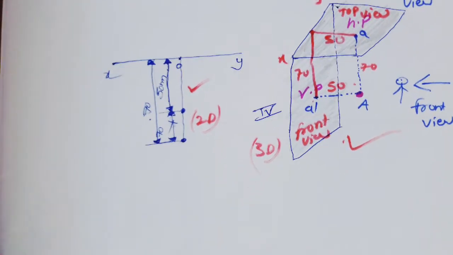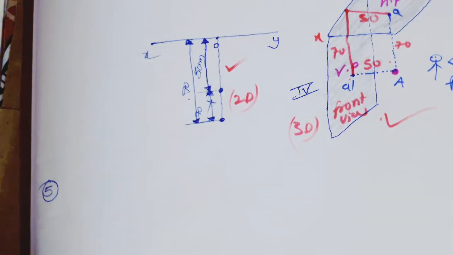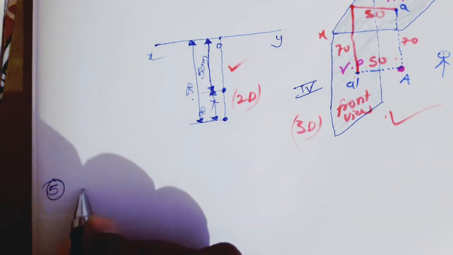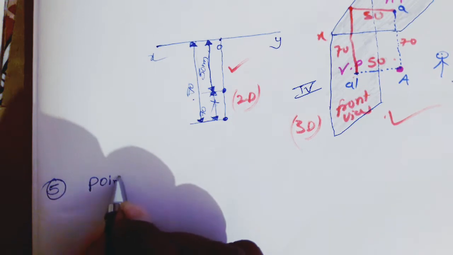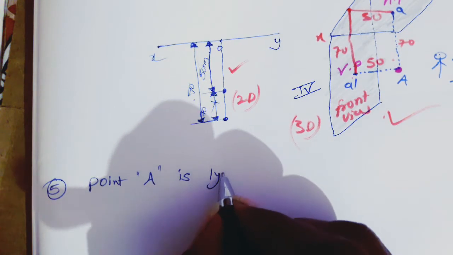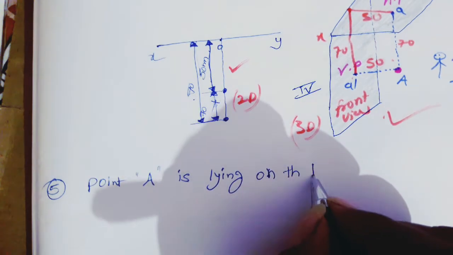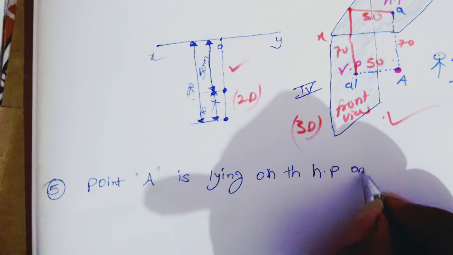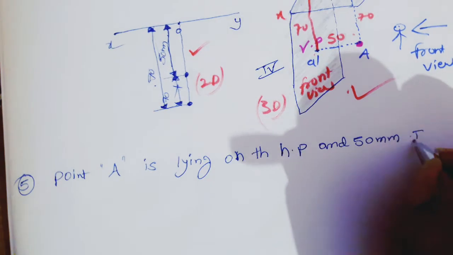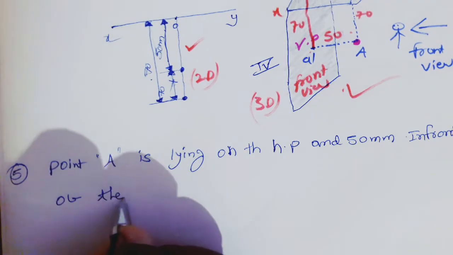Next, fifth one. Point A is lying on the HP and 50 mm in front of the VP.